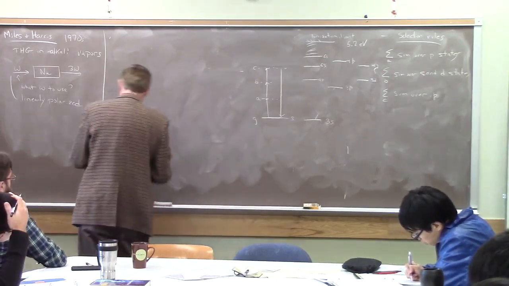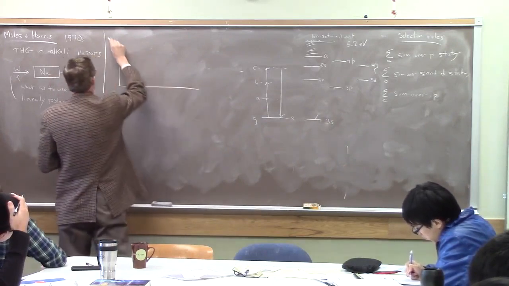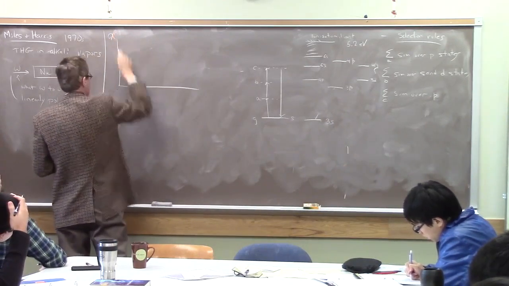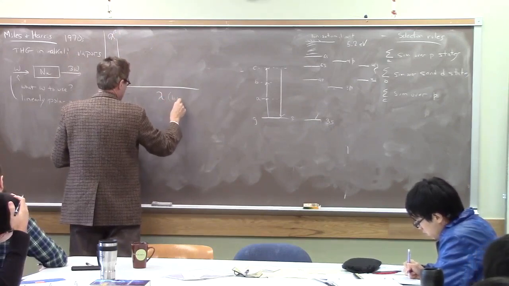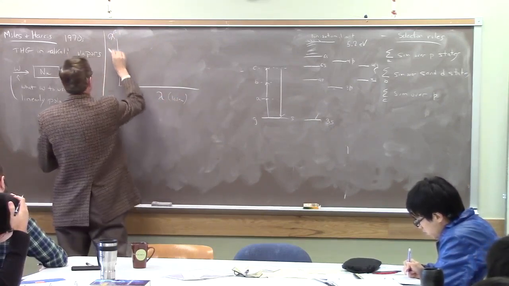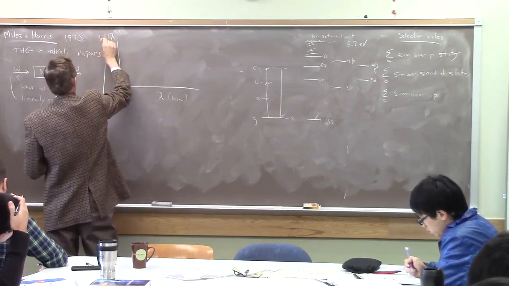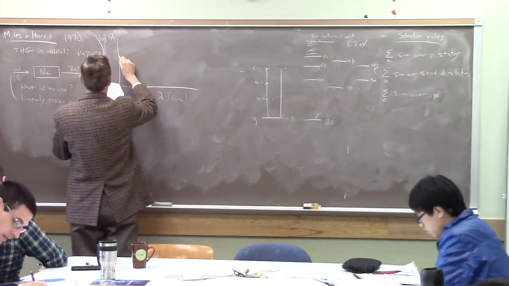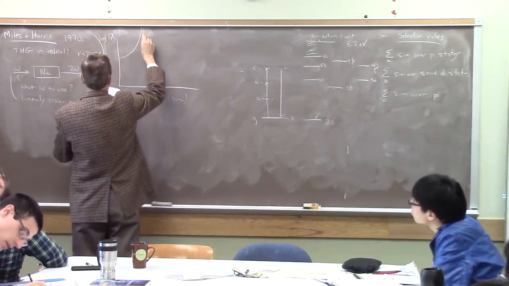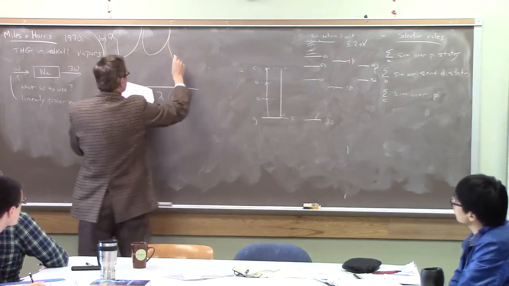They get chi3 as a function of the laser wavelength, and this is actually the log of chi3 on this axis, and they get curves that look like this.